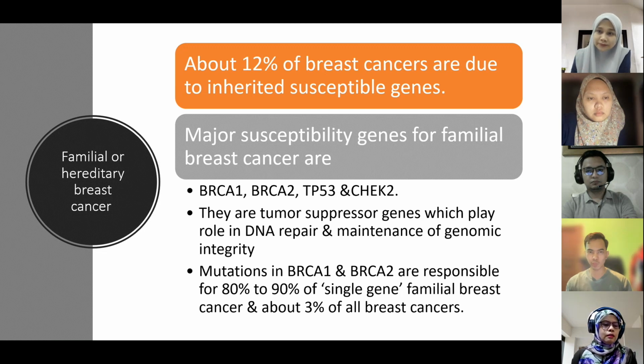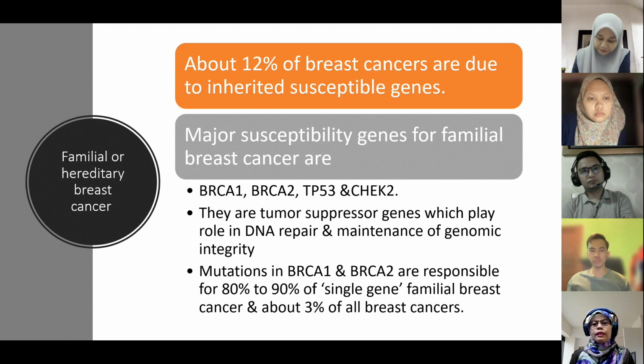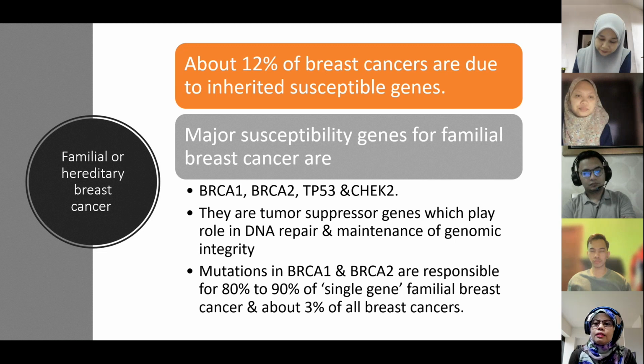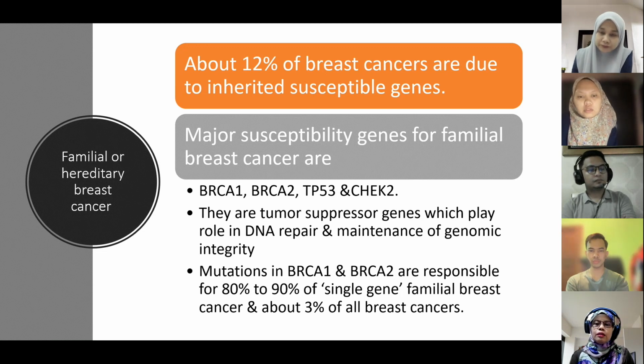Other than that, there is also another reason why breast cancer can occur in the patient. One cause is hereditary breast cancer. About 12% of breast cancers are due to inherited susceptibility genes. Major susceptibility genes for hereditary or familial breast cancer are BRCA1, BRCA2, TP53, and CHEK2.